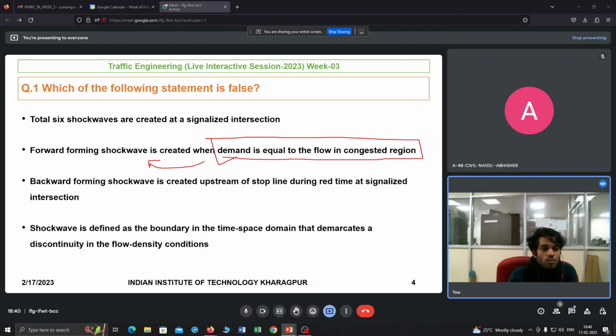At what situation will there not be any rear stationary shockwave? You can answer by imagining the scenario of a 3-lane road meeting a 2-lane bridge. If demand is less than capacity, then that scenario will be lost, right?